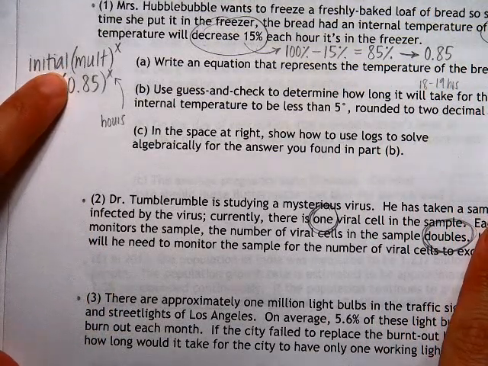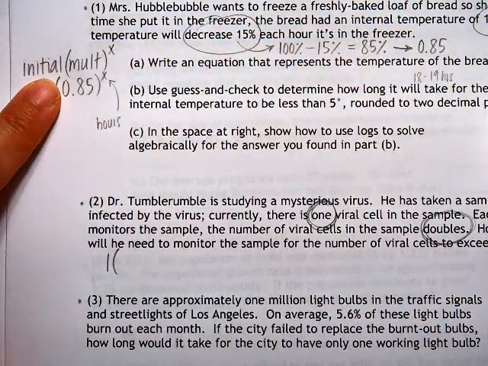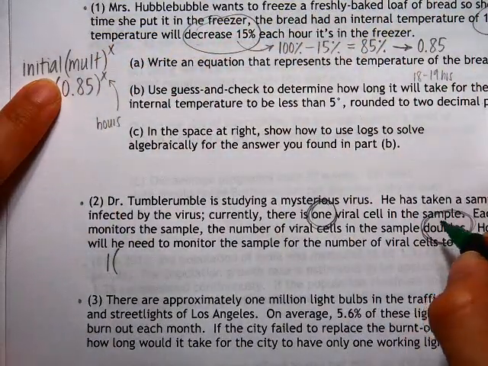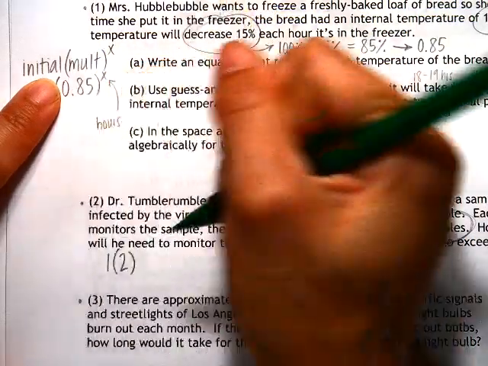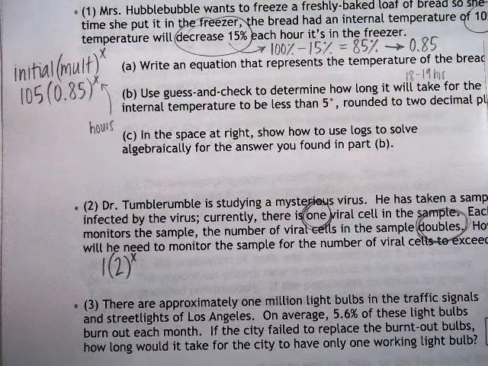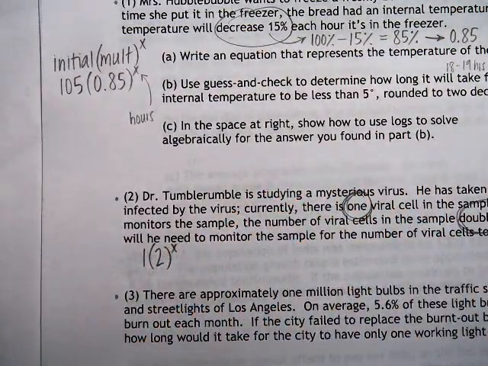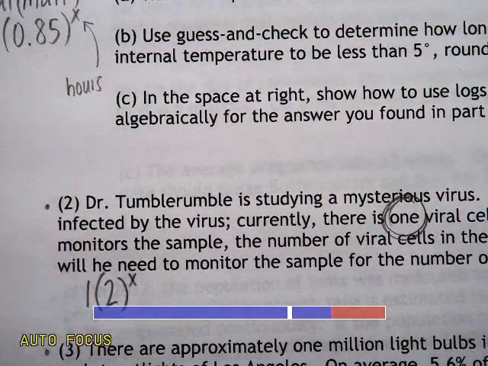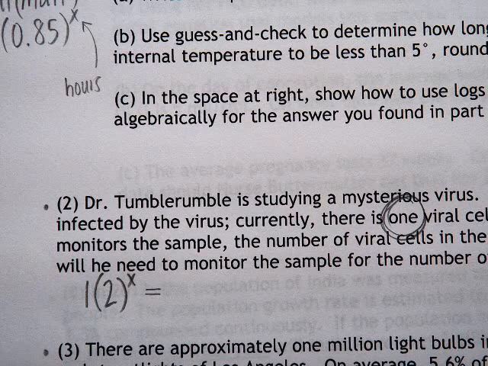Right now, at the moment we're starting to look at this thing, there is 1 viral cell, and since we are doubling, we know we can translate that in our heads to multiplying by 2, so it seems as though the equation I can build is 1 times 2 to the x. Now I don't necessarily know if I want to write y equals for this, because I know that that's where the question comes in.